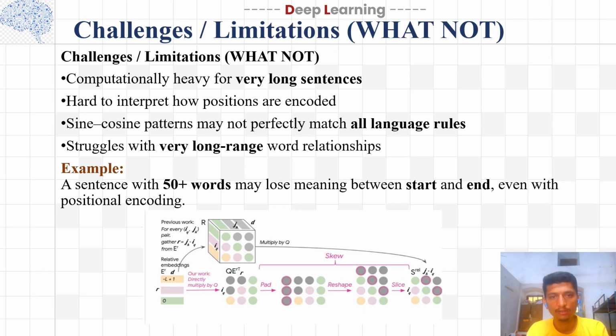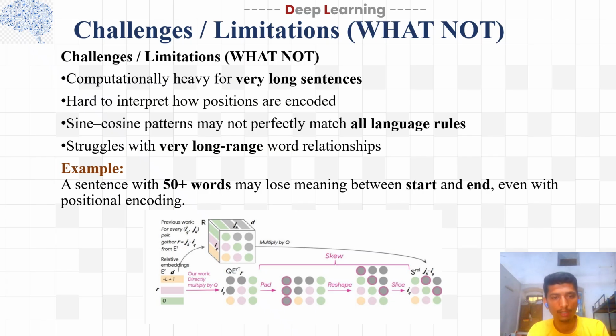Challenges and limitations of positional encoding. It is computationally heavy for very long sentences, and it is hard to interpret how positions are encoded. The sine and cosine patterns may not perfectly match all language rules, and it struggles with very long-range word relationships.